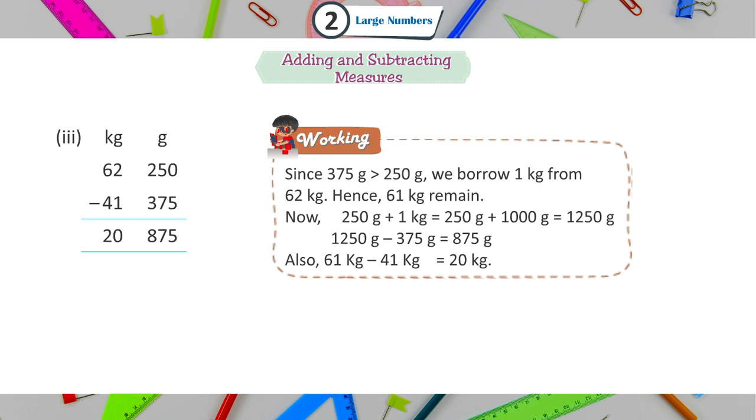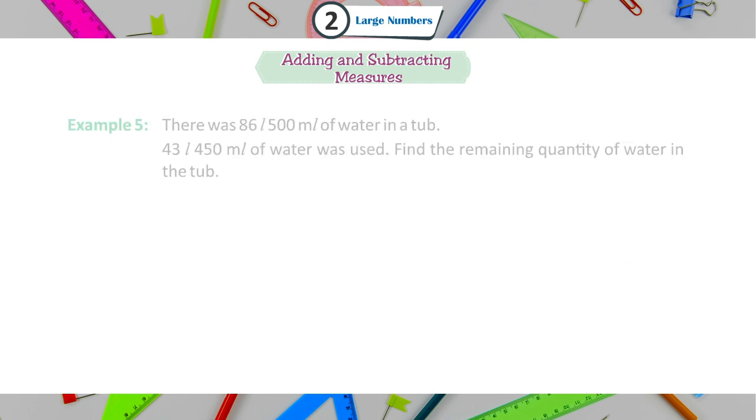Now, 250 grams plus 1 kilogram is equal to 250 grams plus 1000 grams, which is equal to 1250 grams. 1250 grams minus 375 grams is equal to 875 grams. Also, 61 kilograms minus 41 kilograms is equal to 20 kilograms. Hence, the required difference is 20 kilograms and 875 grams.